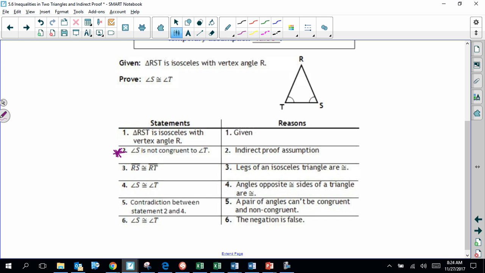So here in step 2 we're saying those angles can't be congruent. Here in step 4 we're saying that the angles have to be congruent. Therefore, that's where we have our contradiction. Because there's a contradiction between statement 2 and statement 4, we're able to say that the negation, that those two angles are not congruent, has to be false. Therefore, the angles have to be congruent to each other and the statement is true.